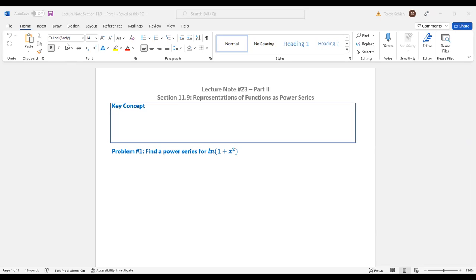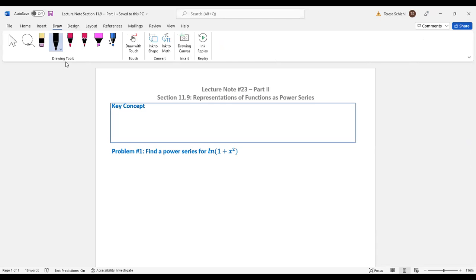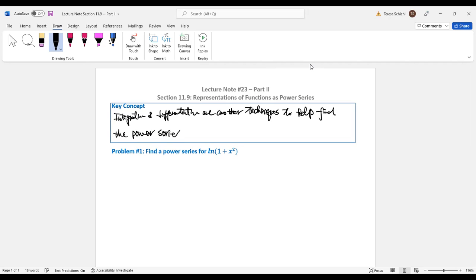The key thing we try to do here is to see integration and differentiation, other techniques to help find the power series for functions.